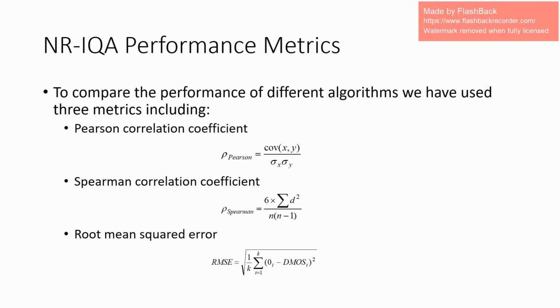We use 3 metrics to evaluate the performance of our algorithm: Pearson correlation coefficient, Spearman correlation coefficient, and root mean square error, where the formula for each of these metrics is shown here.